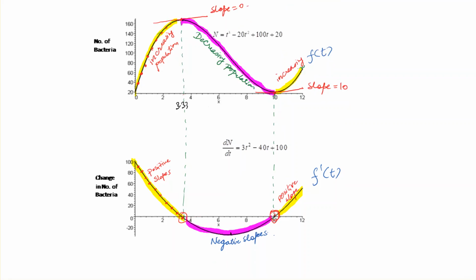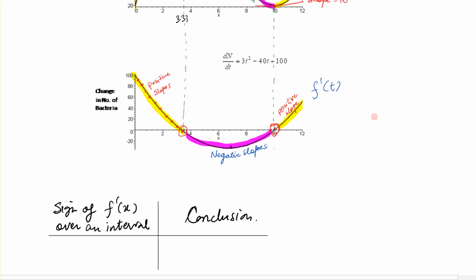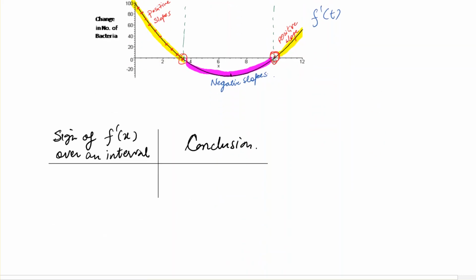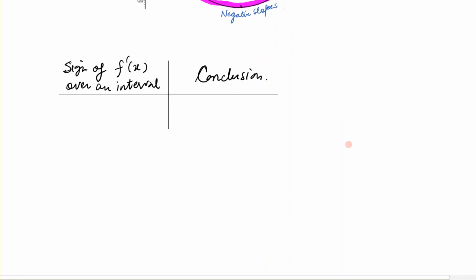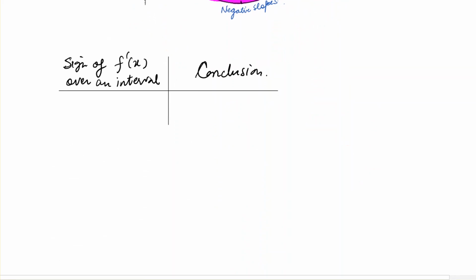Thus, based on this discussion, we can make some conclusions about a function and its derivative. The sign of the derivative over an interval tells us about the nature of the function, whether the function is increasing or decreasing.